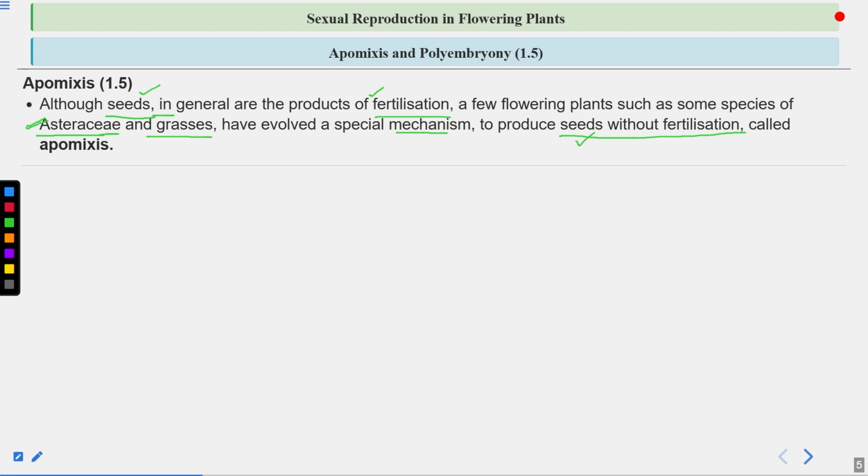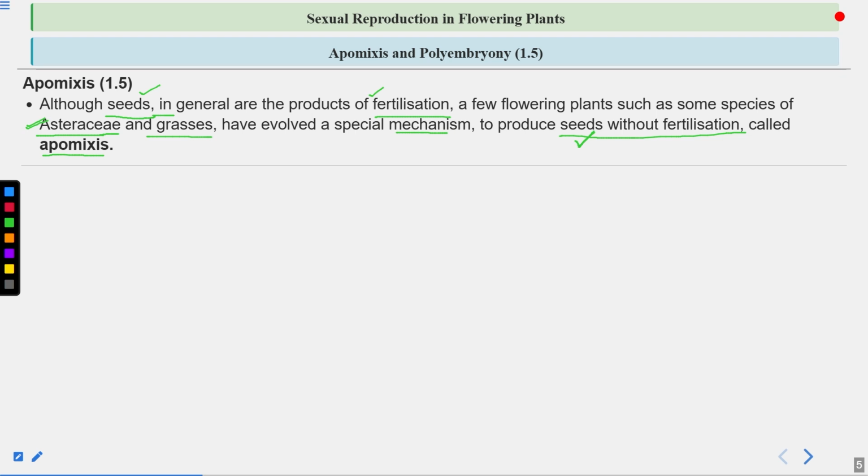In some plants, we see that formation of seed takes place without any fertilization, and that is the phenomenon of apomixis, right?